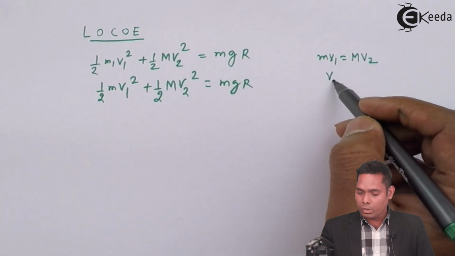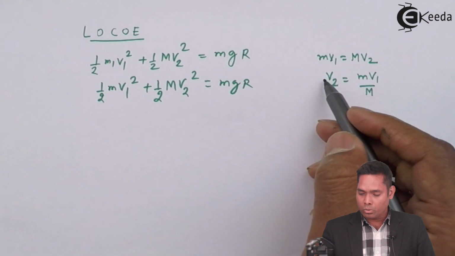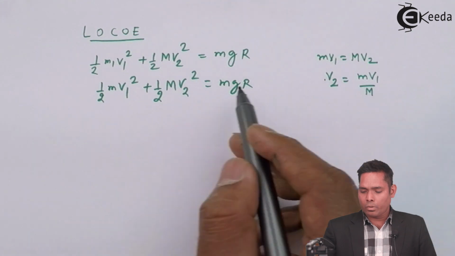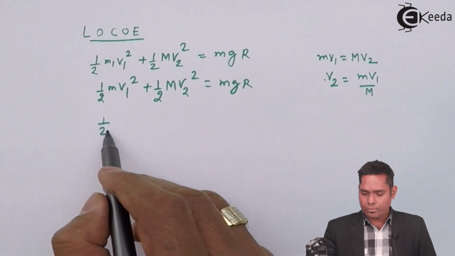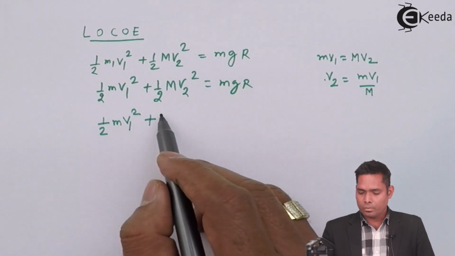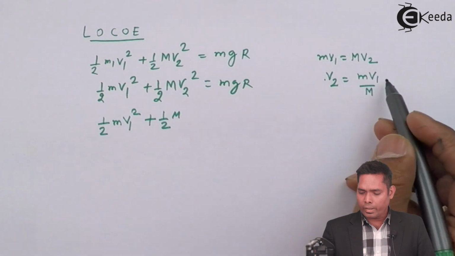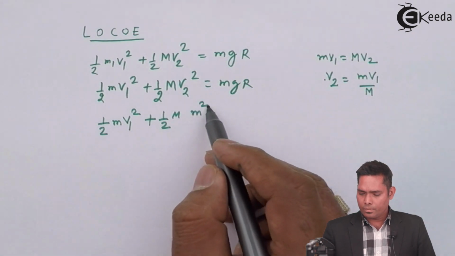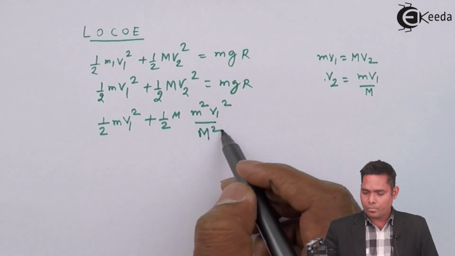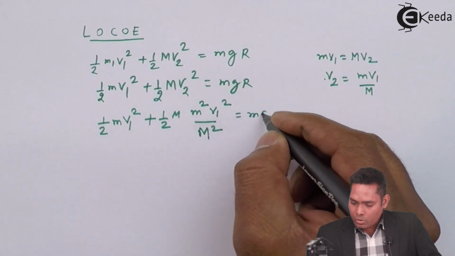So from here v2 is m v1 divided by M, that I will substitute over here. When I substitute this value, I'll get half m v1 square plus half M times the square of this, and this is mgr.